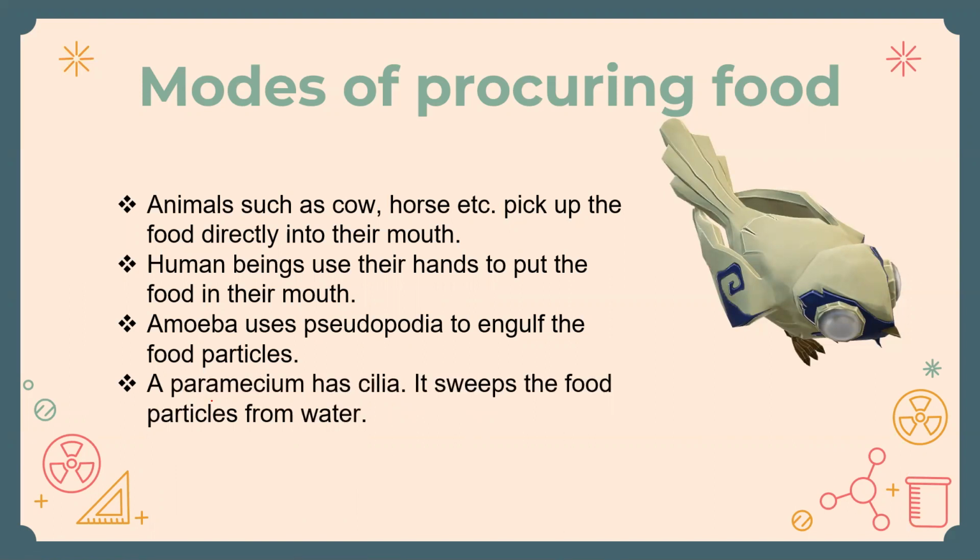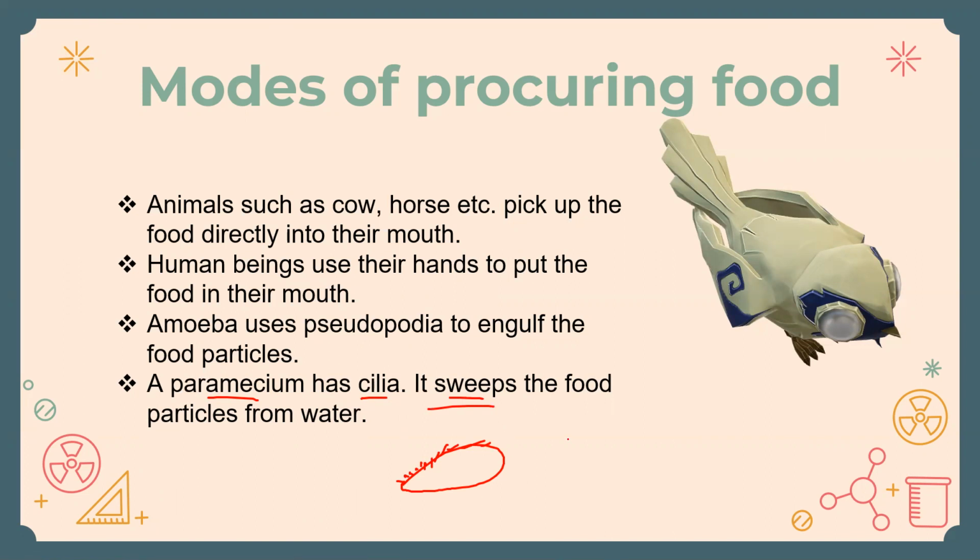A paramecium is also a unicellular organism and it has cilia. Cilia are brush-like structures. It sweeps the food particles from the water.